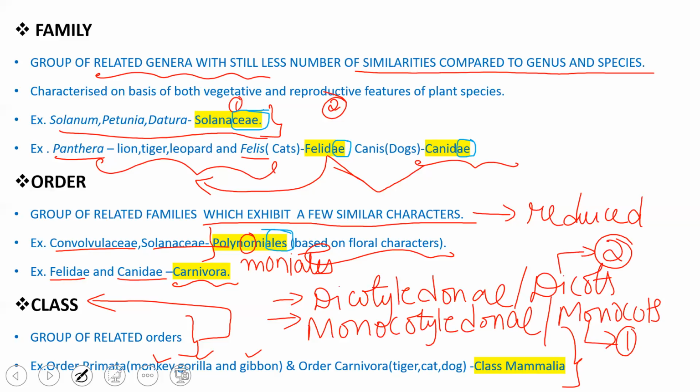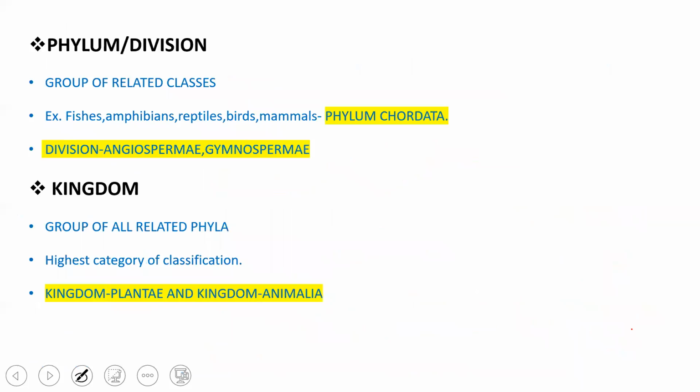So the classes Monocotyledonae and Dicotyledonae belong to the next group, that is division, the flowering plants which are called angiosperms. Now we'll understand the next taxonomy category after the class, that is phylum or division. Let's go ahead with the phylum or division.